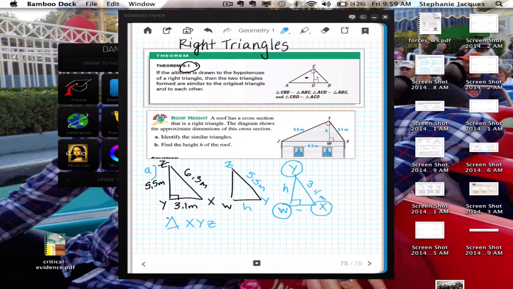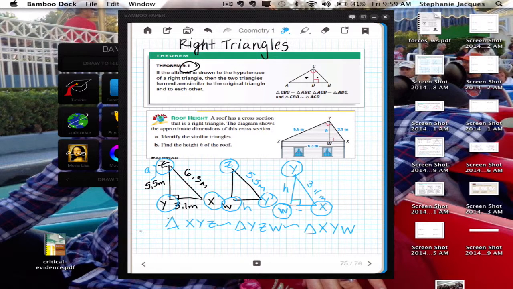The big one, XYZ, is similar to triangle YZW. So we have Y, Z, W. And it's also similar to triangle XYW. So X, Y, W. Sorry about that mistake. So when they ask for the similarity statement, that is what you would put.